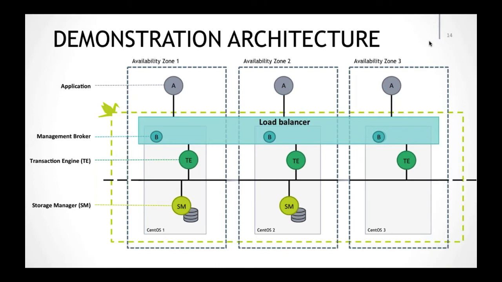All these processes will be in Docker containers, and we'll show you how quick and easy it is to set up and deploy a database, use the database, and then show the resiliency of the database as failures occur. So give me a second while I set this up.